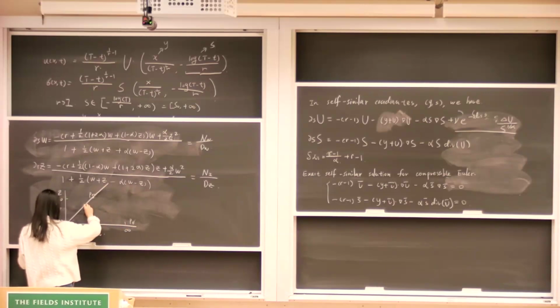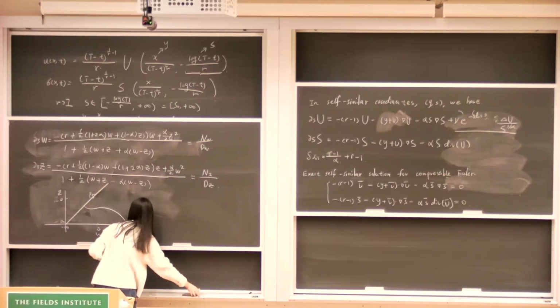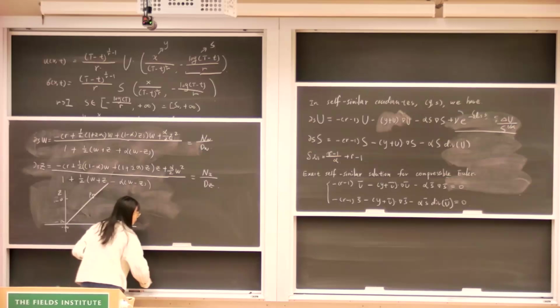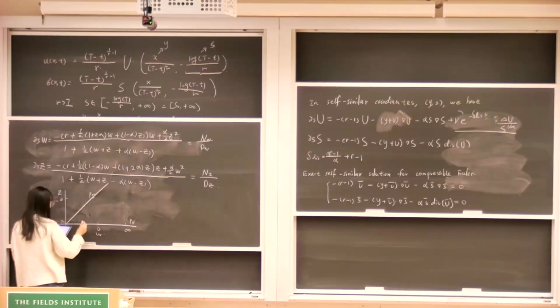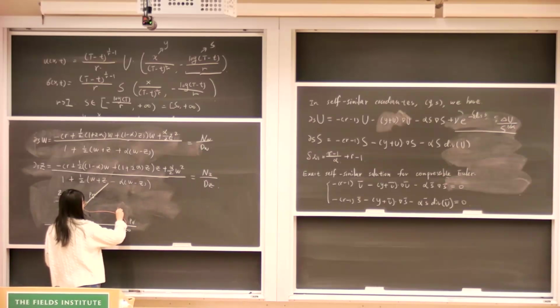And of course, dz is just linear, but if you do the computation, this will be a curve. This is the denominator equal to 0.